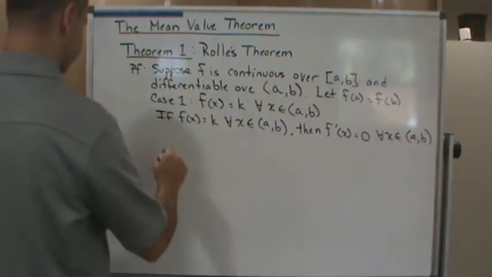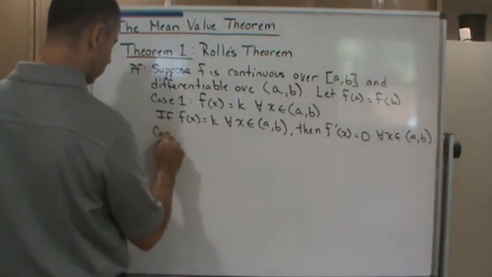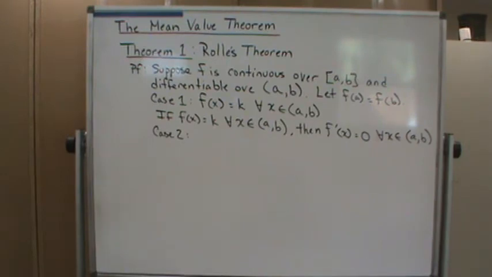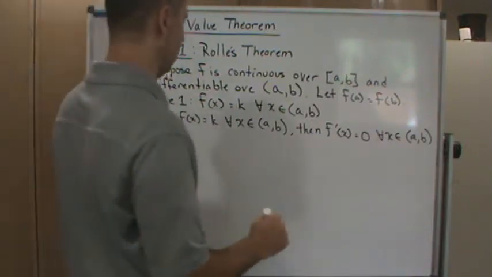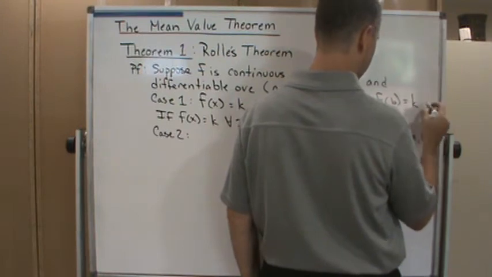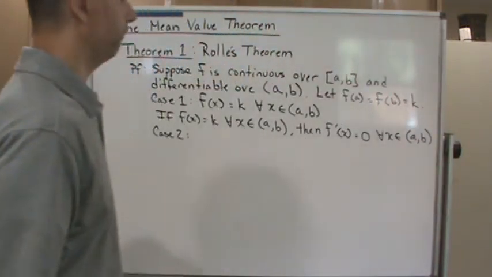Case two is, let's say there exists an x in the open interval AB such that f of x is greater than k.